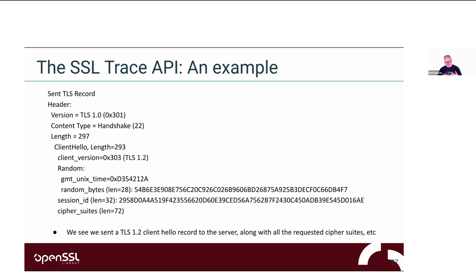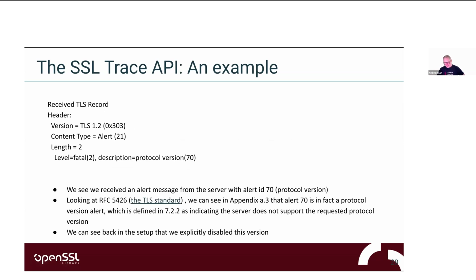It'll tell you the client sent a TLS record. It'll give you the version and the content type. So this is a handshake message. It'll tell you the client version, in this case TLS 1.2, and all the other things that come with a handshake record. And then you can see we receive a TLS record from the server. The record type is an alert type. Specifically, it says we have a protocol version error, and it's fatal.